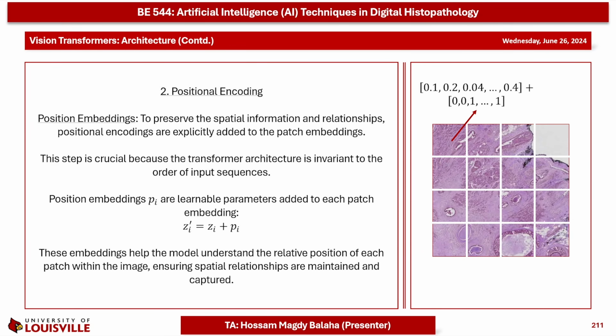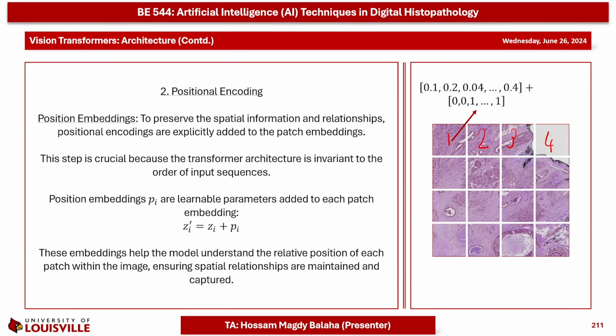After splitting the image into smaller patches, positional encodings are explicitly added to the patch embeddings. This is to preserve the spatial information and relationships between the patches. So each patch gets a number, for example, this 1, this 2, this 3, 4, and so on.